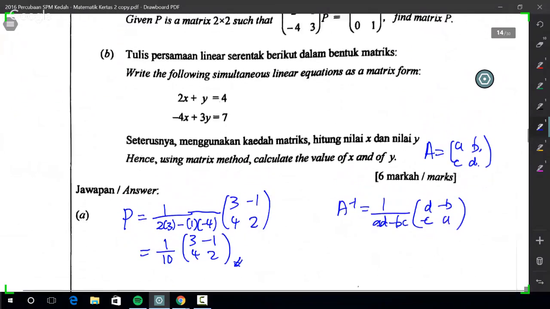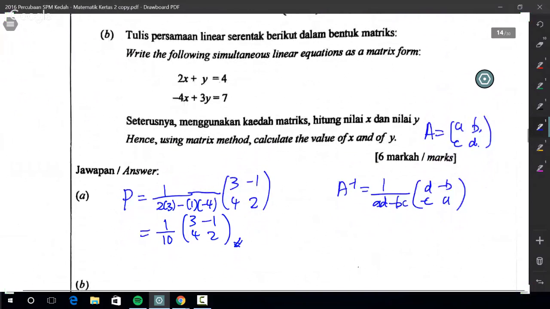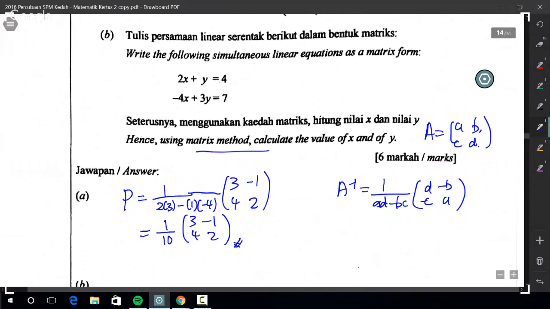Okay, and then the next thing is the question actually asks you to use the matrix method to calculate the values of x and y. So from here we always need to form a 2 multiply 2 matrix and a 2 multiply 1 matrix, and equals to a 2 multiply 1 matrix. For the second matrix here, normally we will do x and y here.